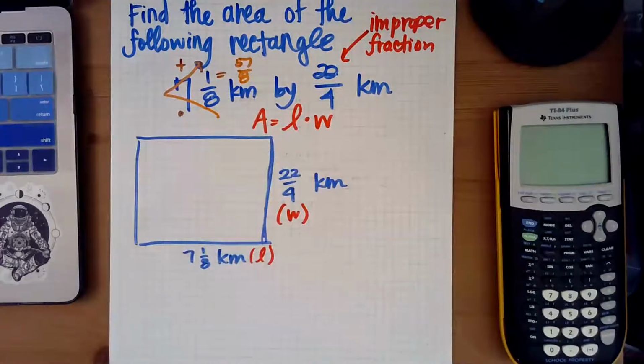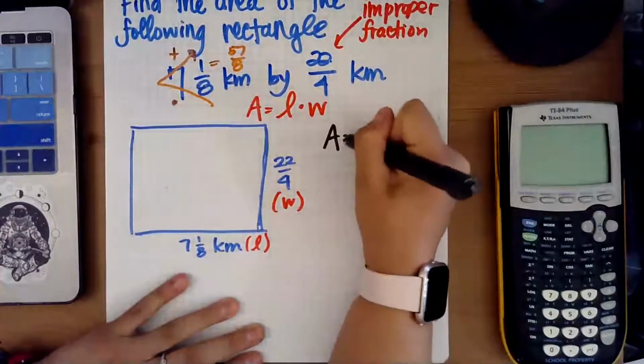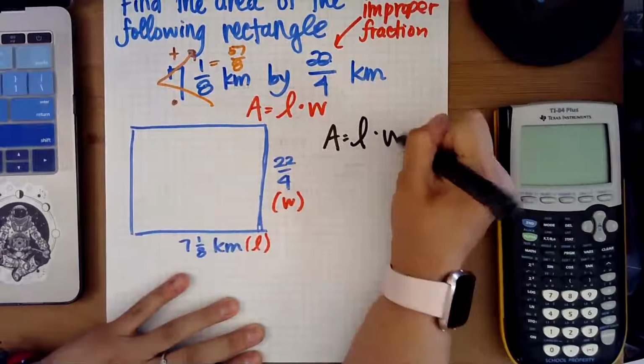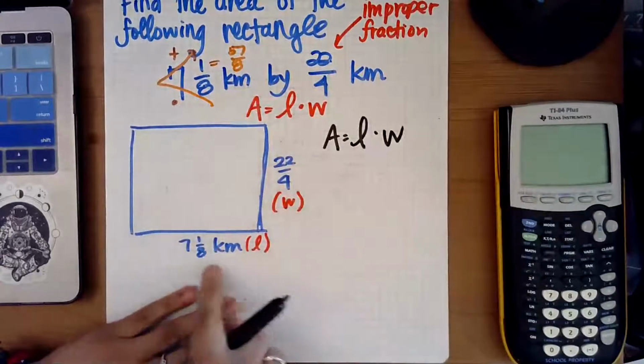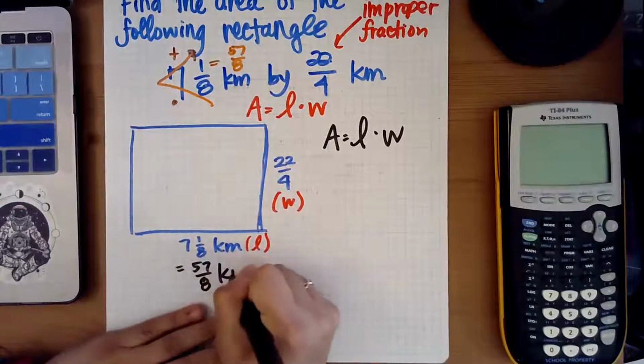So now for my area analysis, let me grab my black marker. Here it is. I'm going to do this using the formula. So A is equal to length times width. I'm going to write my length, which is this guy, but it is now 57 over 8 kilometers.